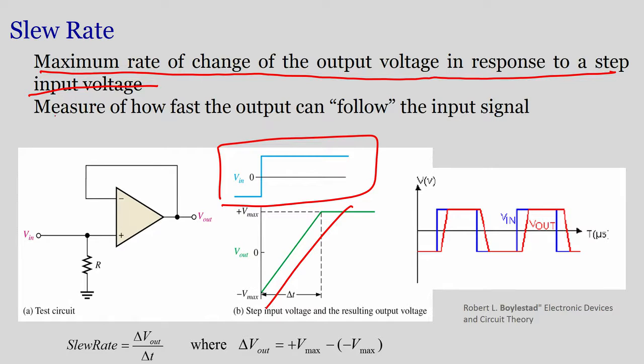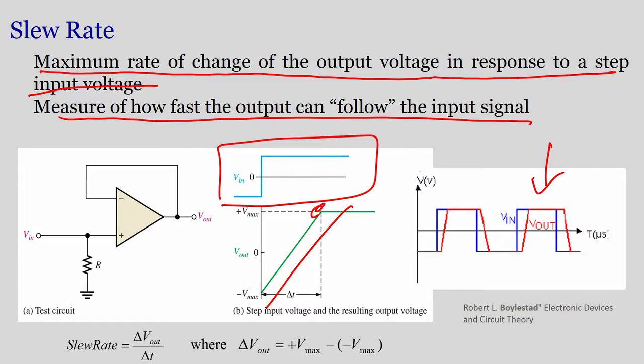Slew rate is also a measure of how fast the output can follow the input signal. So, when I give an input signal, how fast I get the output, that is a measure of slew rate. In this particular graph, the x axis is time in microseconds and the y axis is voltage.